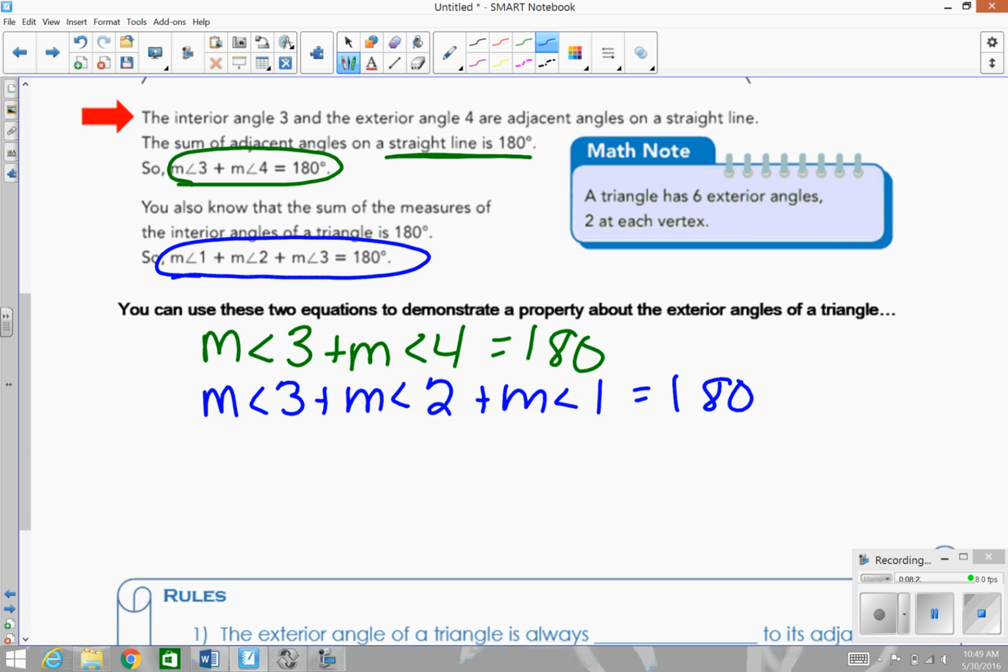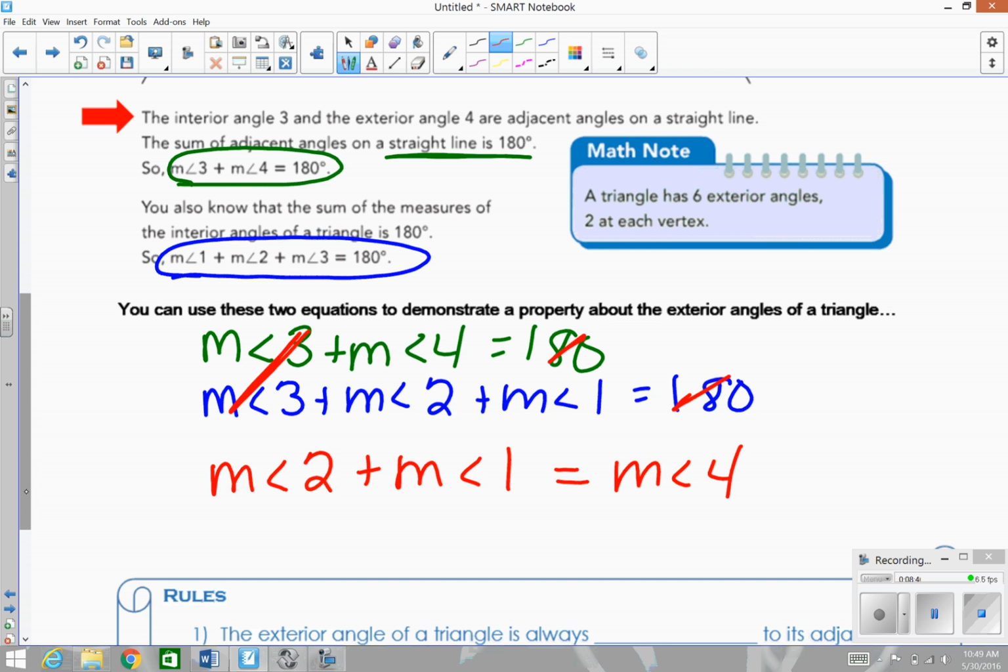Now in both these equations, they both have angle 3 and they're both equal to 180. So we can actually set these two pieces equal and say that the measure of angle 2 plus the measure of angle 1 equals the measure of angle 4.